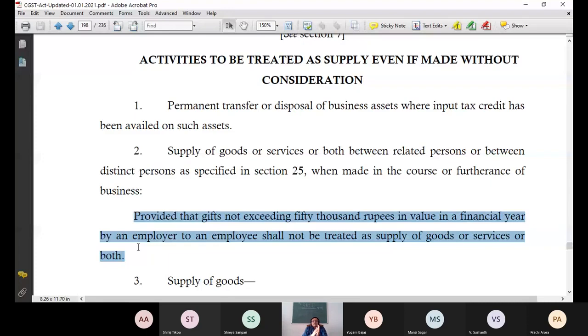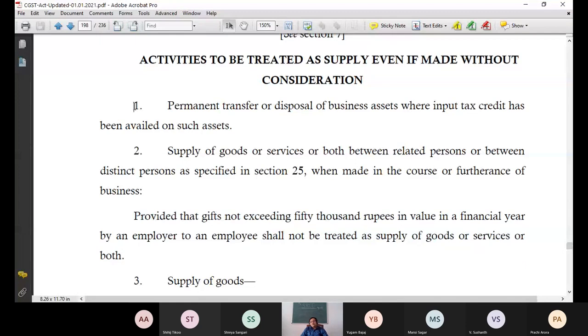That is why the exception has been given that gifts up to 50,000 rupees per year by the employer to the employee are free from GST. Now we have the third and fourth paragraphs also that I will discuss later on. Let us first discuss in detail paragraphs 1 and 2.